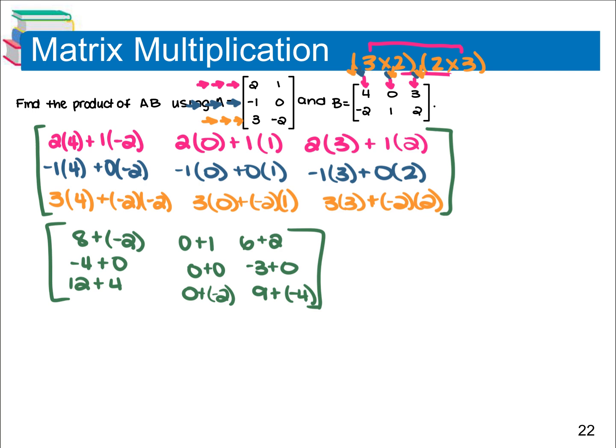So we're going to simplify here, and this will simplify to give us 6, 1, 8, negative 4, 0, negative 3, 16, negative 2, 5 for our answer.